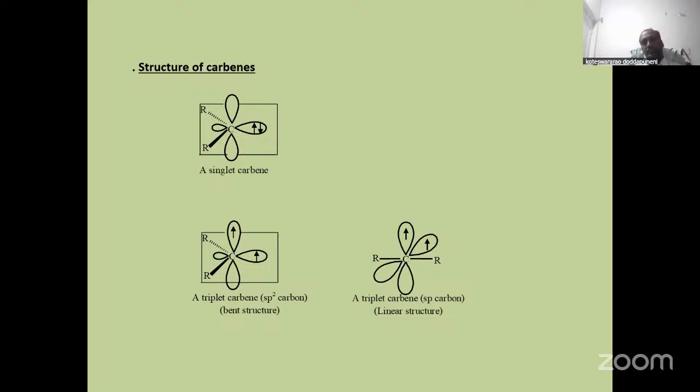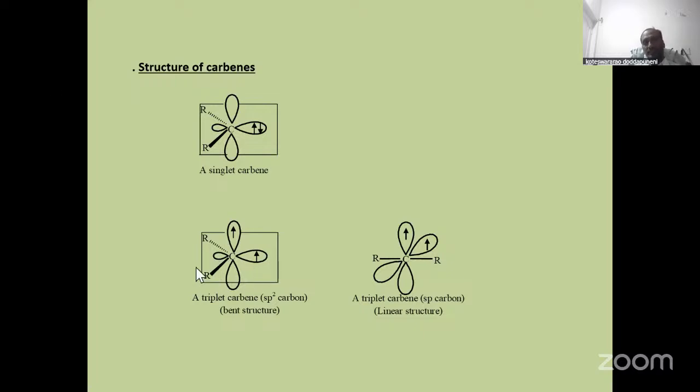Okay. Now coming to the triplet state. Here the triplet carbene may exist in two hybrid forms. One is the sp2 hybrid form and another one is the sp hybrid form. If the triplet is in the sp2 hybridized carbon, that is a bent structure. That bent structure appears like this.